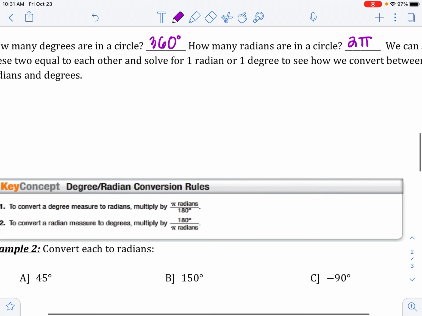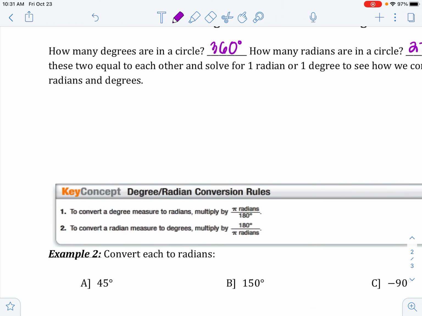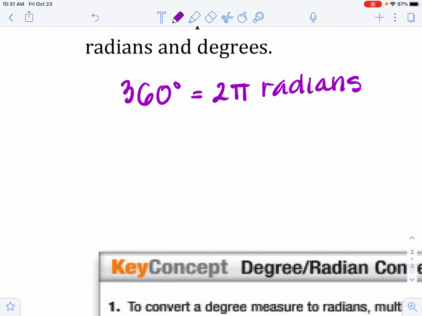Okay, so let's see how to convert. We'll do 360 degrees is equal to 2 pi radians. This time I'm going to solve for a degree, so how to convert degrees to radians. If I want this to be 1 degree, so I can see the ratio, I'm going to divide both by 360.